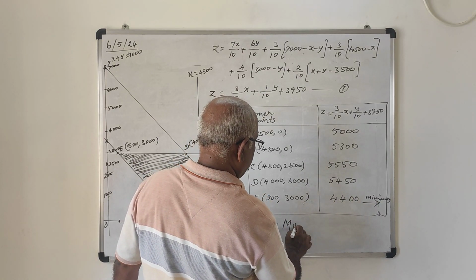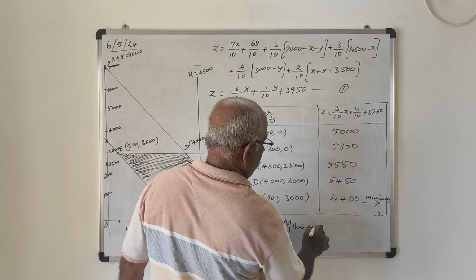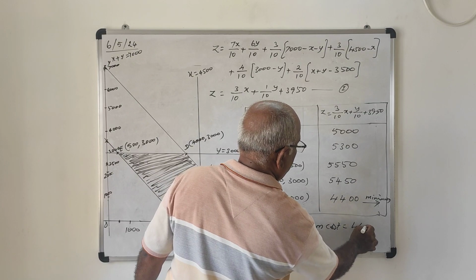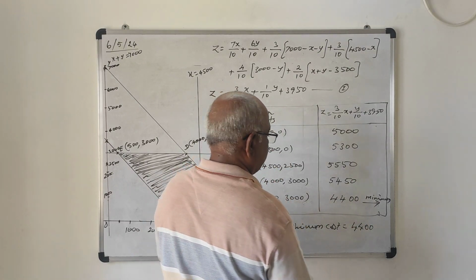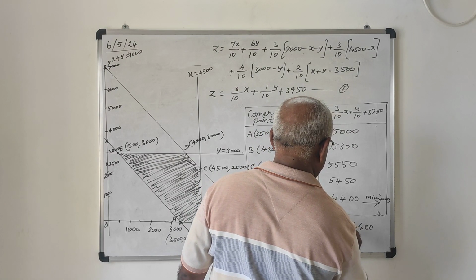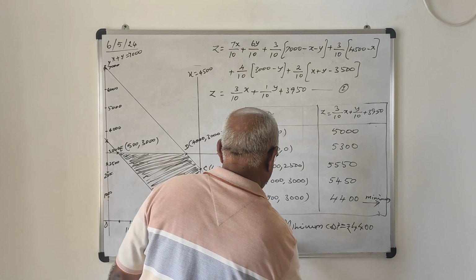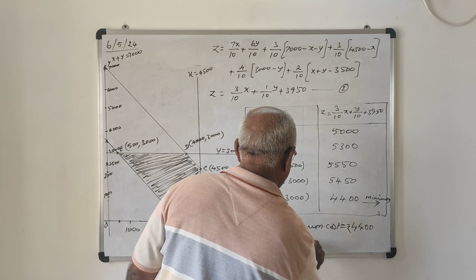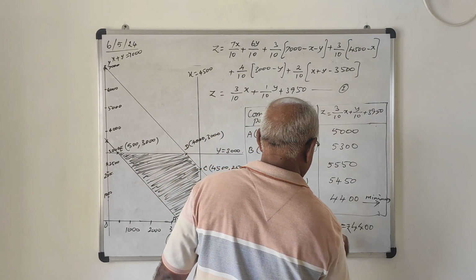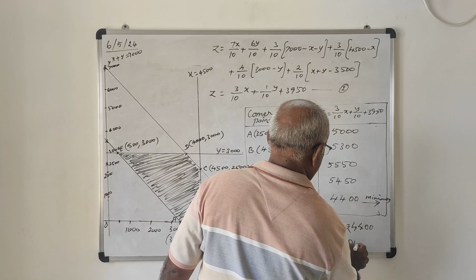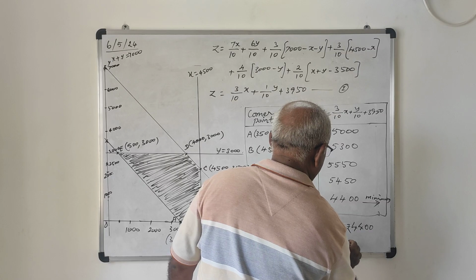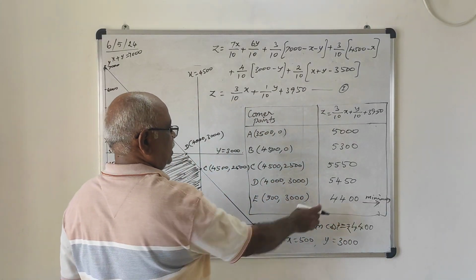So the minimum cost of transportation is 4400 rupees, at x equal to 500 liters of oil and y value 3000. At this corner point, we get the minimum value.